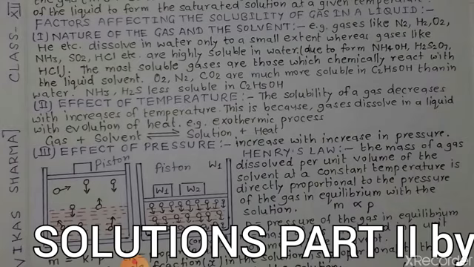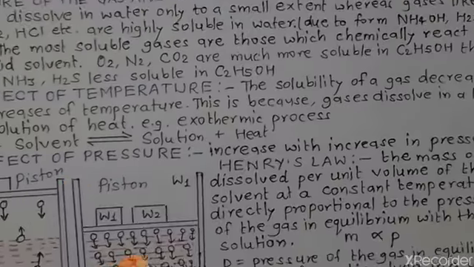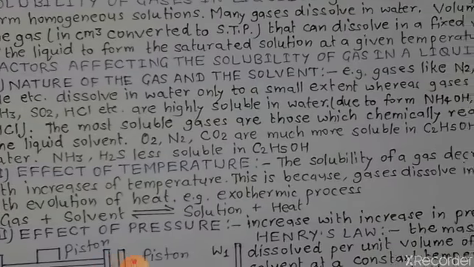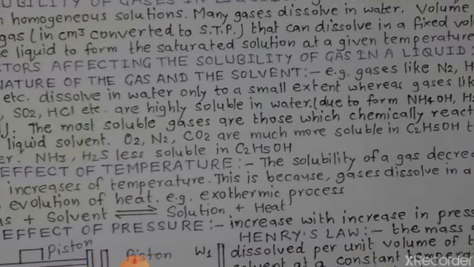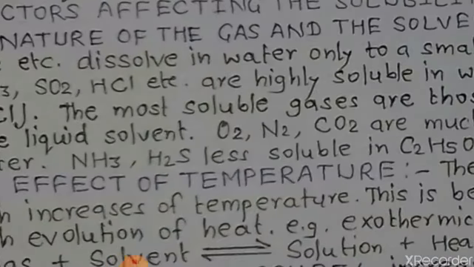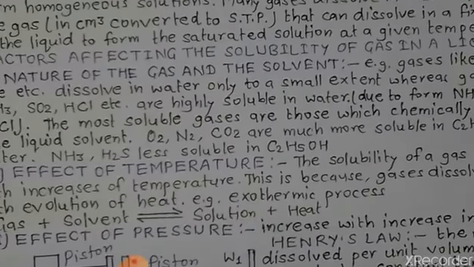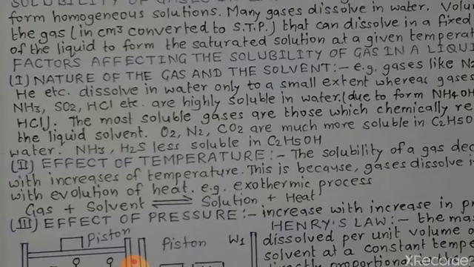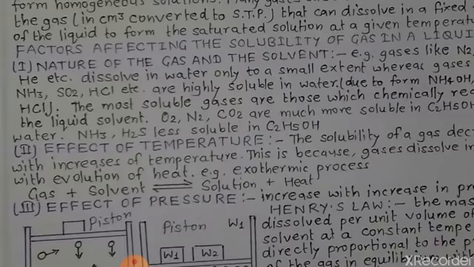Some gases like dinitrogen, dihydrogen, dioxygen, helium, etc. dissolve in water only to a small extent, whereas gases like ammonia, sulfur dioxide, hydrogen chloride, etc. are highly soluble in water. It means the nature of gases is variable. Some dissolve quickly and some do not dissolve very well.